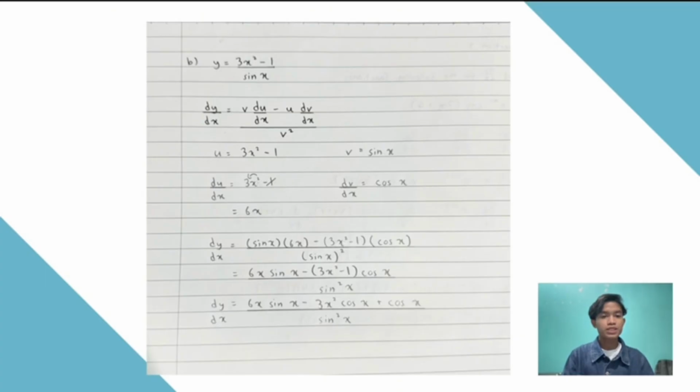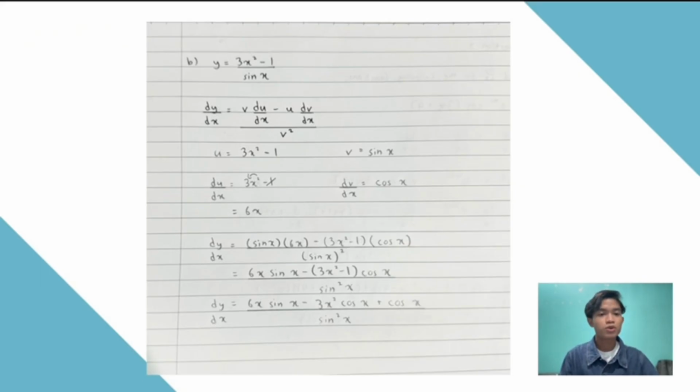For my next question, y is equal to 3x power of 2 minus 1 over sine x. Okay, so this is a quotient of two functions, so we need to use the quotient rule.